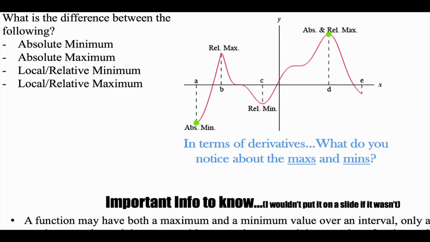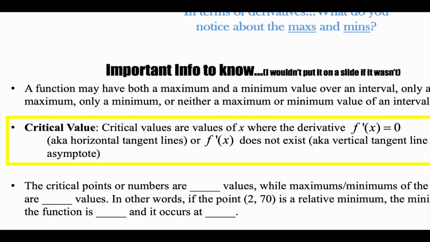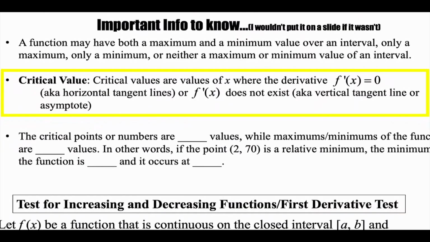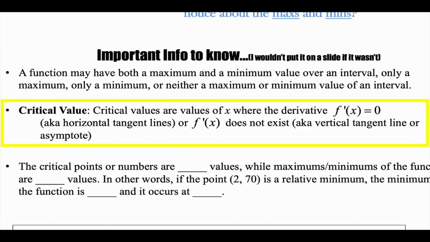A couple of important things to know. All of the ones we're going to look at today are functions; we're not looking at any implicit. We're going back to explicit. A function may have both a maximum and minimum over an interval, just like this guy.